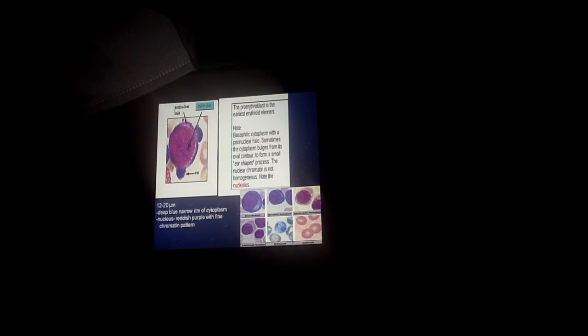Now, after that cell matures, it will become that cell, basophilic normoblast. Basophilic because of the intensely basophilic color of its cytoplasm. And then dahan-dahan ding nawawala yung perinuclear halo. Now, let's go back to the content of a mature red blood cell. Pula siya because of the hemoglobin content.